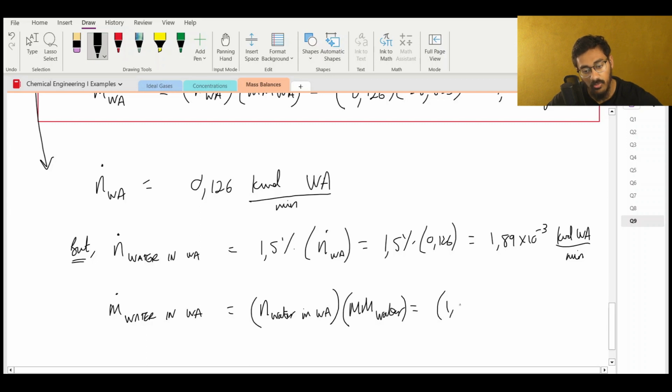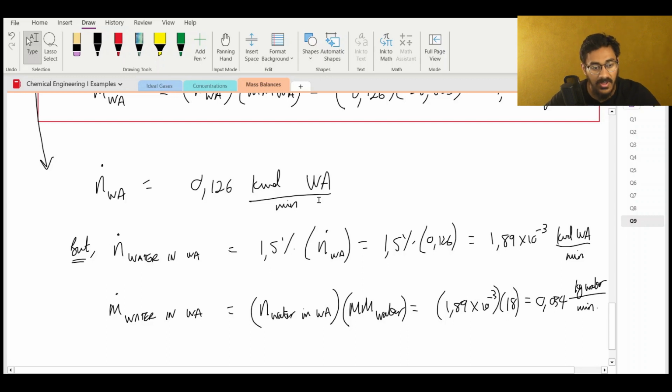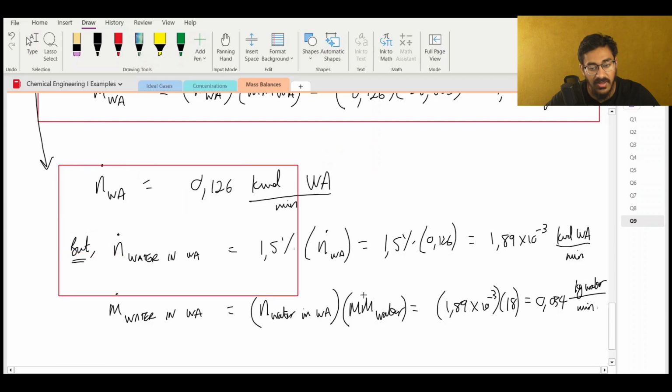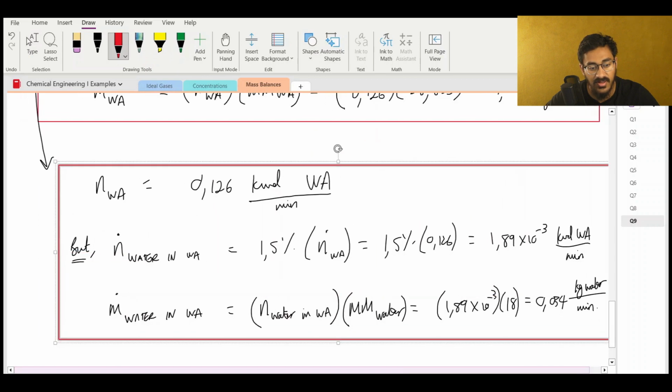So that is 1.89 times 10 to the minus 3 multiplied by 18 kilograms per kilomole. And that comes out to be 0.034 kilograms of water per minute. Wow. Okay. That was a long question, but I made it more difficult than it needed to be. But it's fine. We learn every day, right?